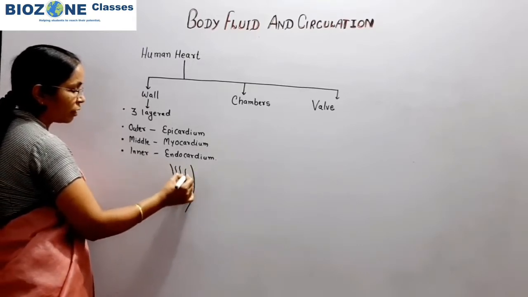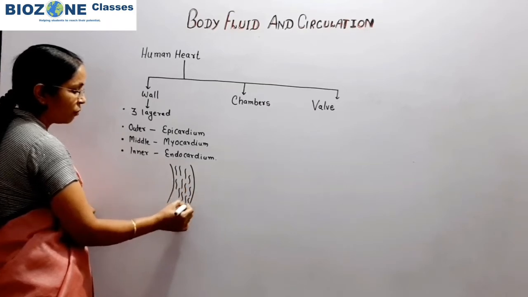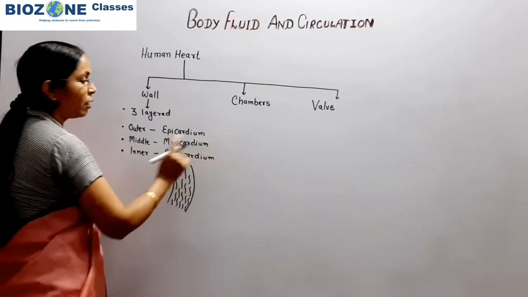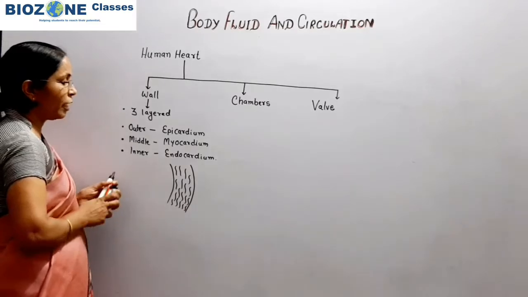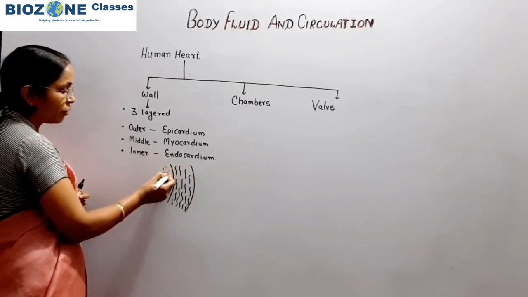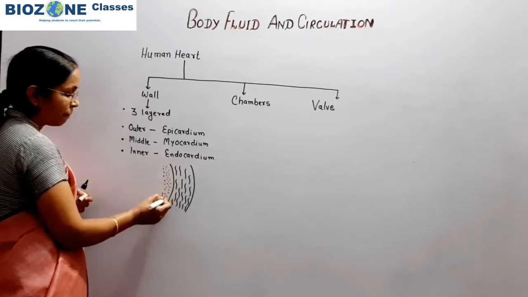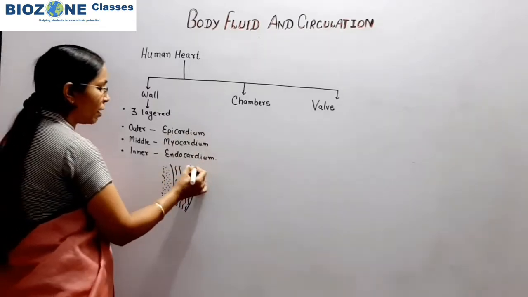This middle layer is myocardium and it consists of cardiac muscle. So myocardium is a muscular layer, whereas the endocardium means the wall which is present inside, inner to. So this is endocardium. And then epicardium.